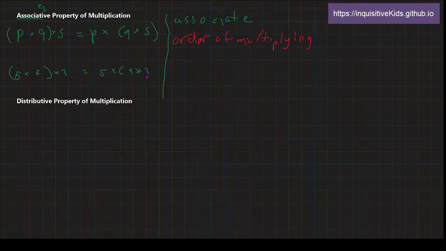But the important thing here is to pay attention to the parentheses. If you're on a calculation problem and it specifically tells you to do parentheses first, then you have to do parentheses first. So let's do this. 5 times 4 over here is 20, and then 20 times 3 would be 60 on this side. Now over here we have 4 times 3, which is 12, then 5 times 12 equals 60. So both of these sides match up.